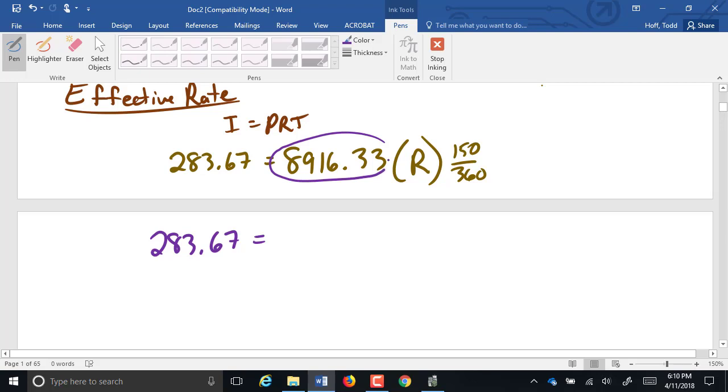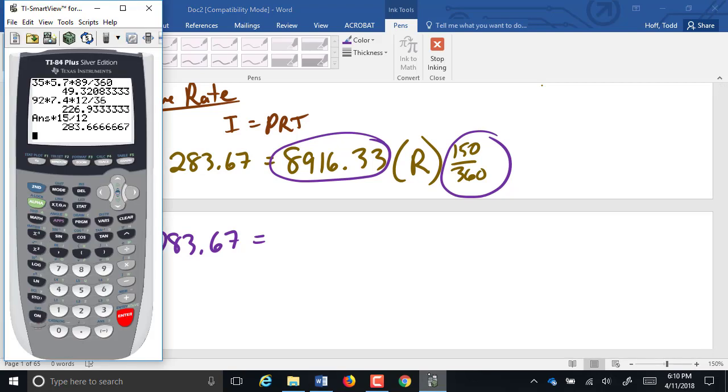On the right side, however, we have to combine that $8,916.33 with our 150 over 360. This could give us an ugly decimal. It's actually not terrible, but we're going to leave that in the calculator and reuse it.